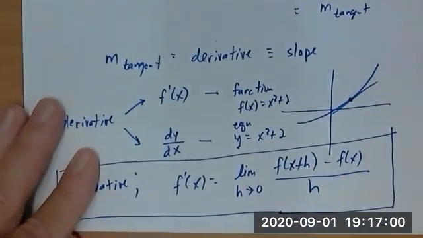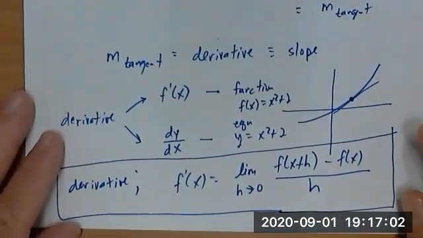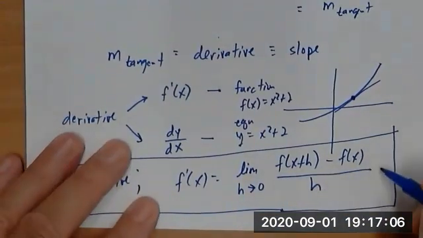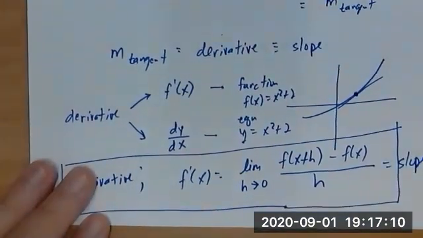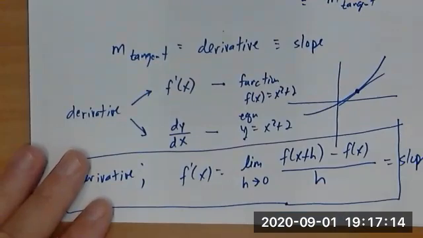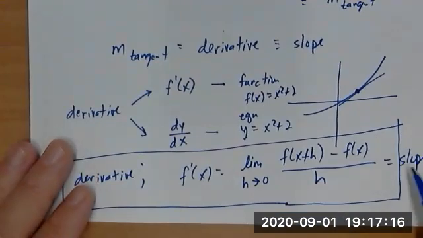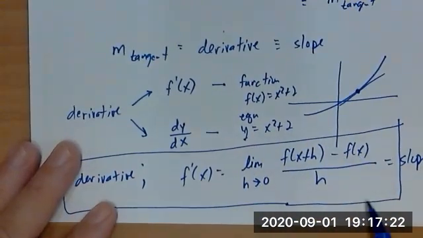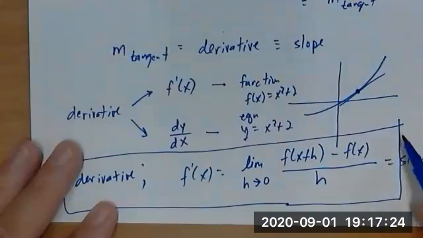And all the math and all the definitions. And you finally get to the point where you say, I could also call this the slope. The derivative is the same as the slope. The slope of the tangent line, which is the same as the slope of the curve, ends up being this sort of ugly looking expression.